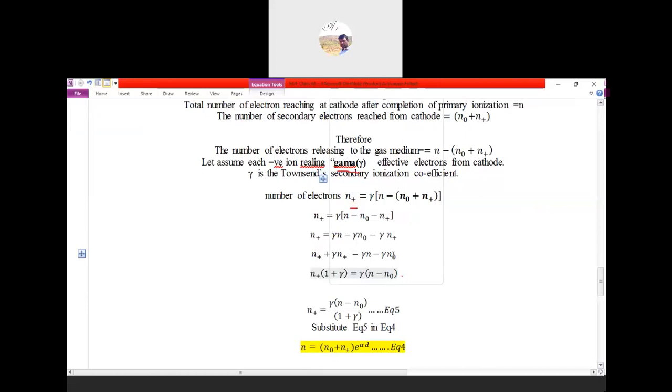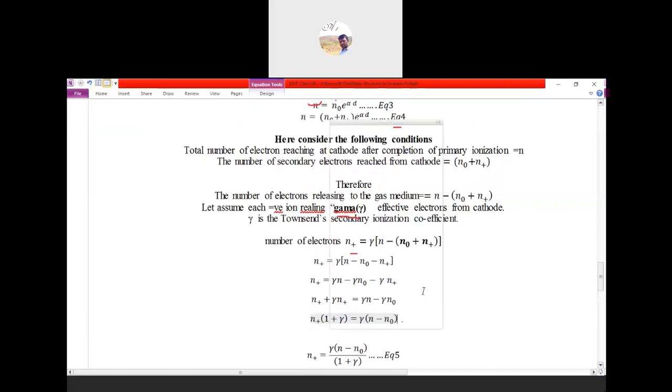Now, assuming positive ions and negative ions releasing electrons, consider the effect of gamma. Whenever atoms collide with each other, positive ions, negative ions and electrons impact, some radiation occurs. So we are taking gamma as the coefficient due to that radiation.